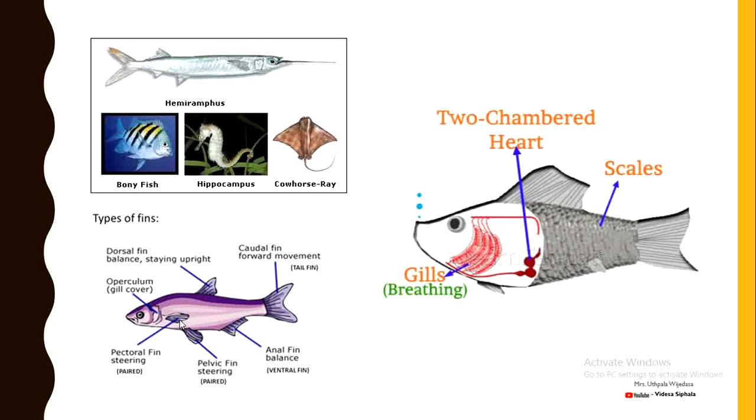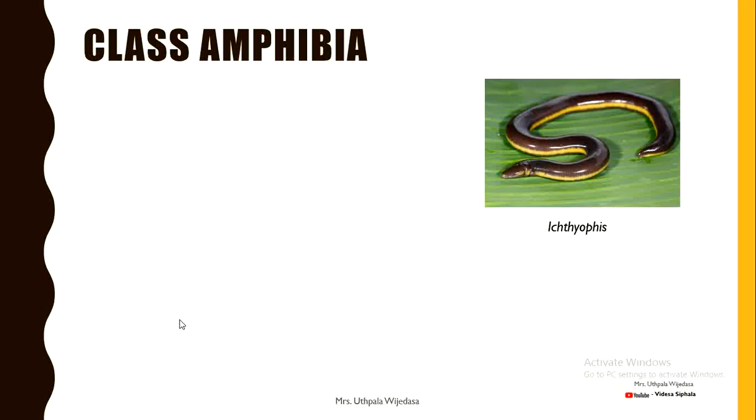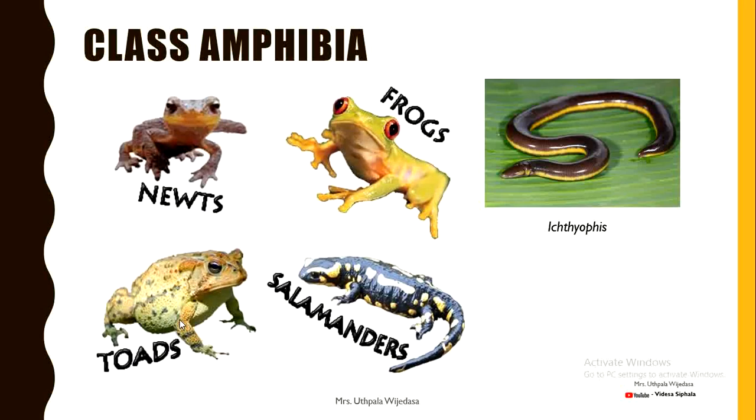Then we'll move on to the next class, class Amphibia. There you can see they have gradually invaded the land. They live both in water and on land, but water is essential for them to complete their life cycle. These amphibians exhibit metamorphosis. That means they have different stages in their life cycle which are different from each other.